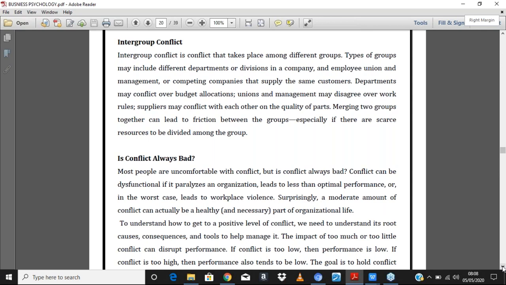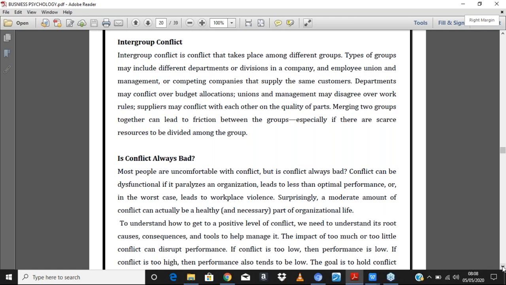So between two different groups, merging groups together can lead to friction between those groups, especially if there are scarce resources to be divided. So when you have a group having a challenge or misunderstanding, the Nigerian Labour Congress having an issue, for instance, with the federal government, those are all what we call intergroup conflict.